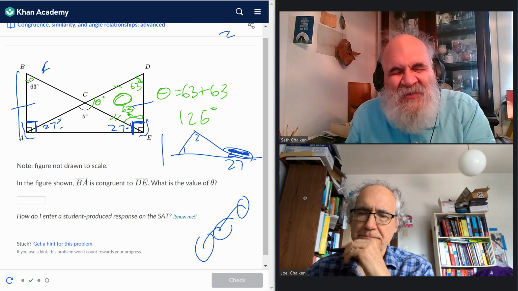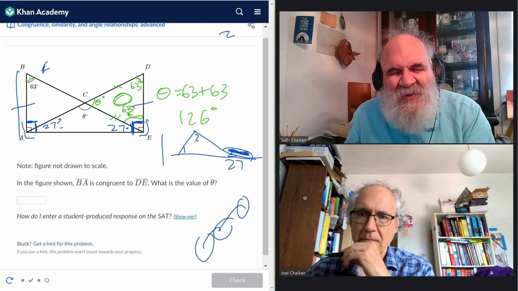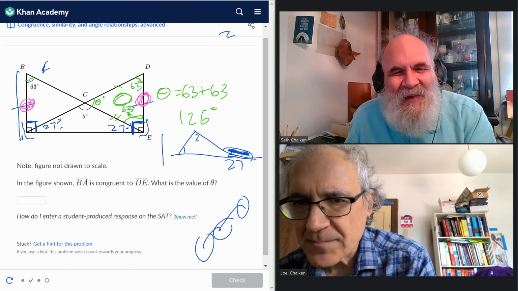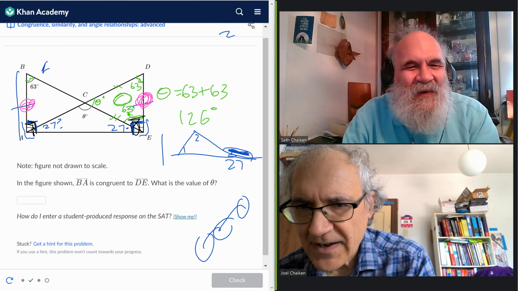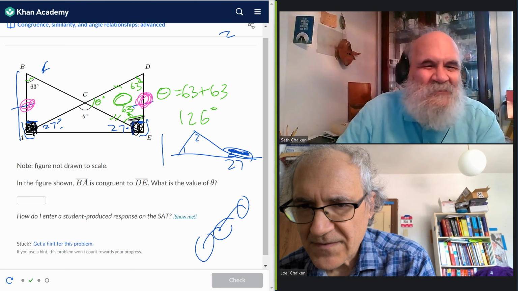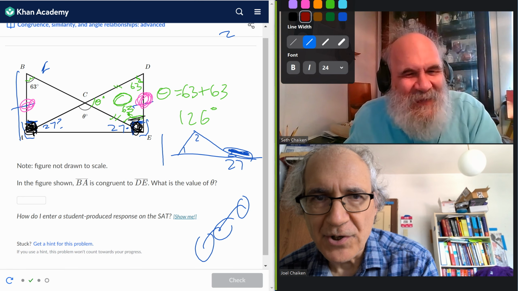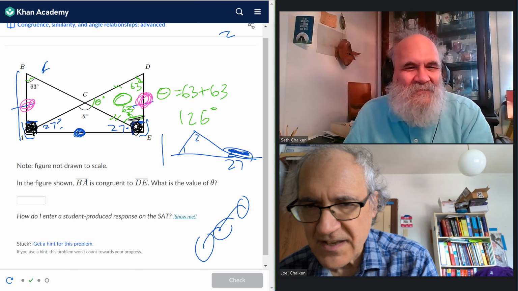And then the congruence leads us to conclude that the angle D is the one that corresponds to the angle B, so angle D is also 63 degrees. These are the two sides, the purple sides, the black angles, which are the right angles. Then you have the blue side, everyone loves the reflexive property. So you got side angle side, side angle side.